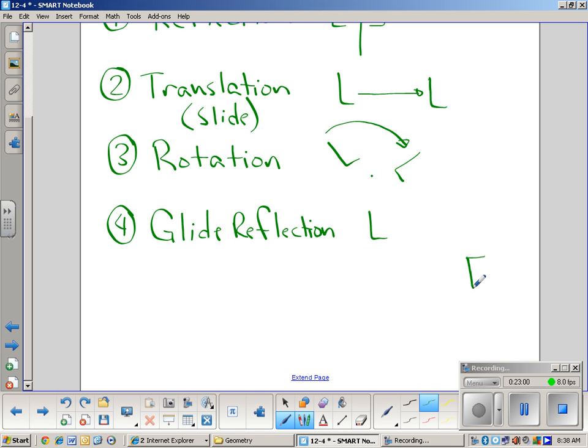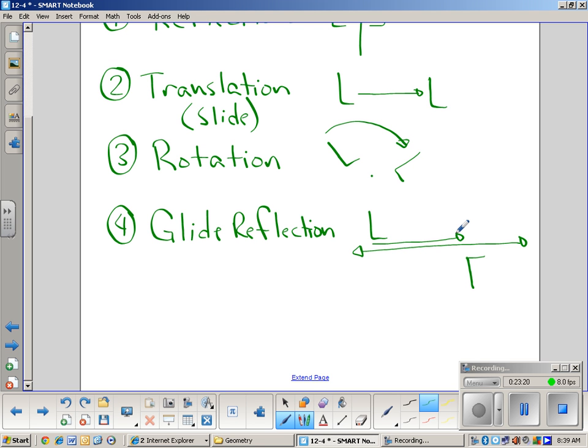Okay? Where we reflected over a line and we had a translation. And we'll just show it back to there to show our translation. So we slid along the line and we reflected over the line. We get that. So glide reflection.